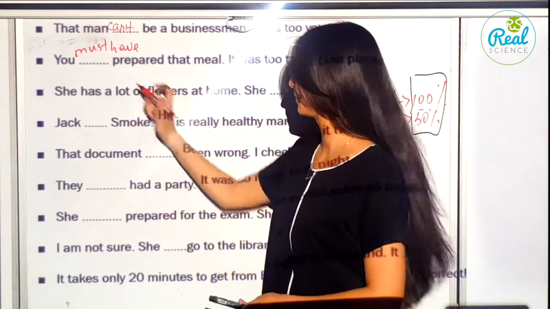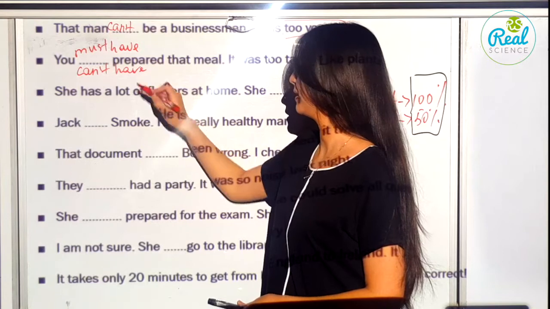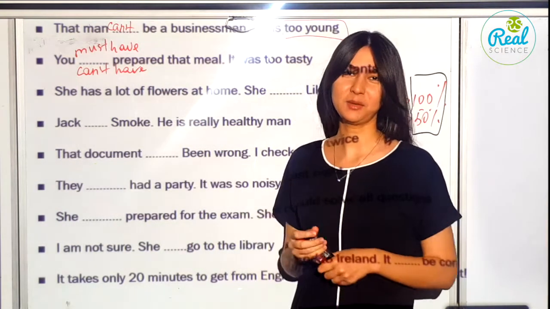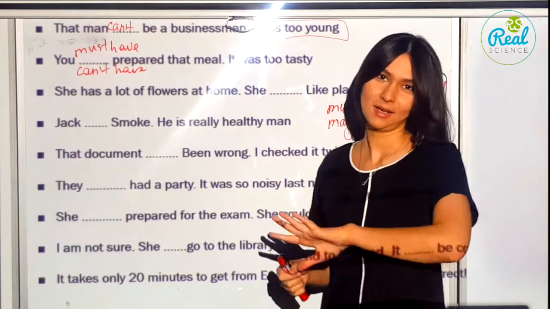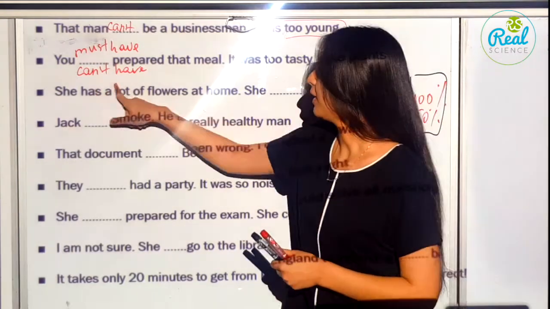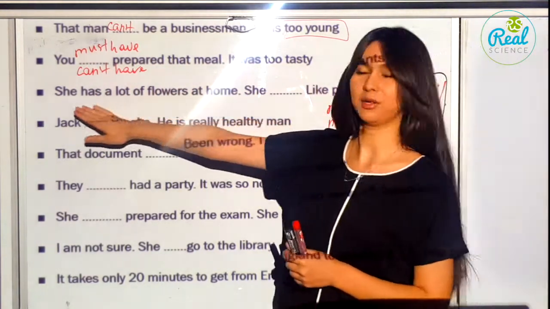For example, if somebody's wife doesn't prepare very delicious food, the husband will notice that some other person prepared the food. So you can't have or you must have prepared that meal. It was too tasty.